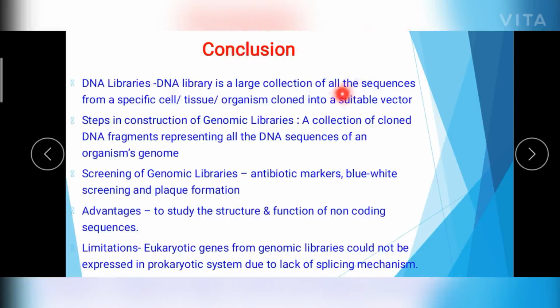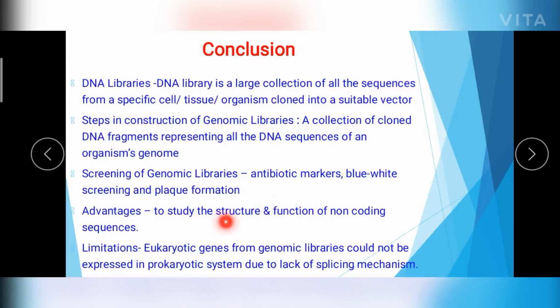Let's conclude the session by rewinding some of the main points. You have learned that the DNA library is the collection of all the sequences from a specific cell, tissue or organism using suitable vectors, and you have learned the different steps involved in the construction of genomic libraries. The genomic library represents the collection of cloned DNA fragments, representing the entire genomic DNA. In screening methods, you have learned about different selectable markers like antibiotic markers, blue-white screening and plaque formation.